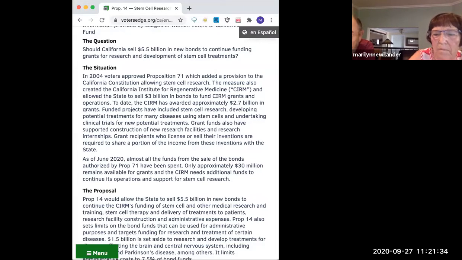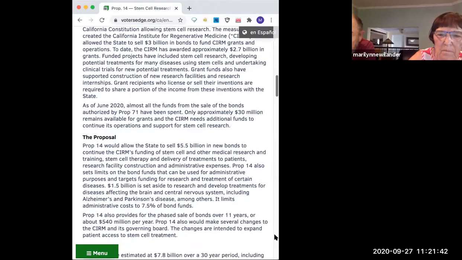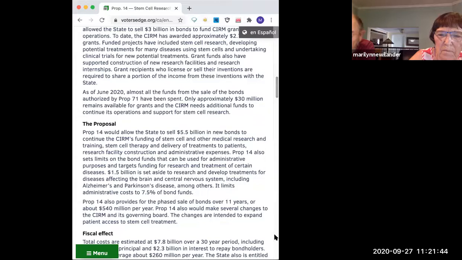So this proposal would allow the state to sell $5.5 billion in new bonds to continue their funding of stem cell and other medical research and training, stem cell therapy, and delivery of treatment to patients, new research facility construction, and of course, administrative expenses.